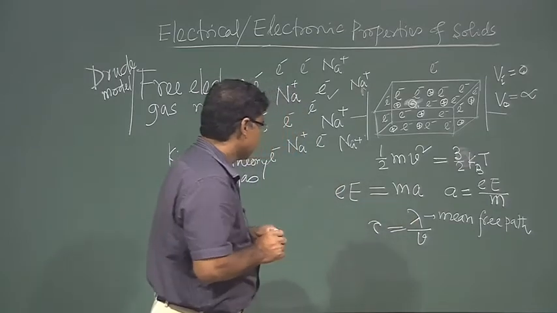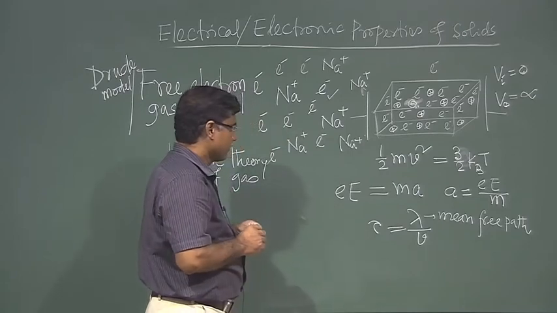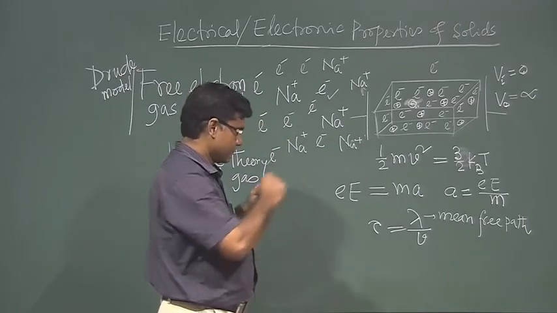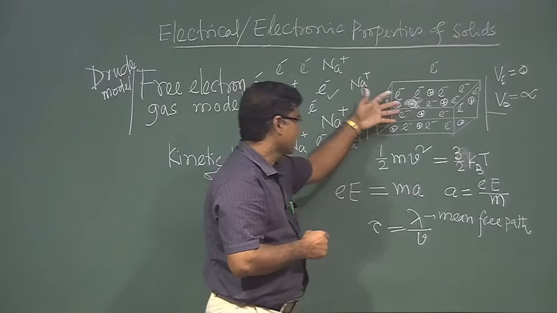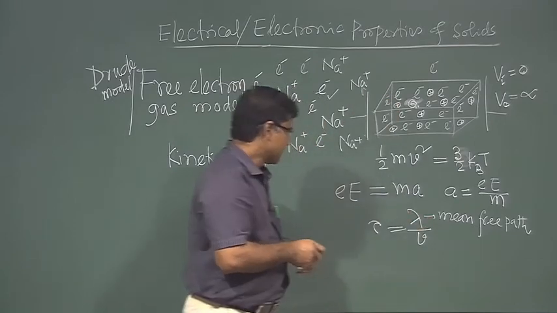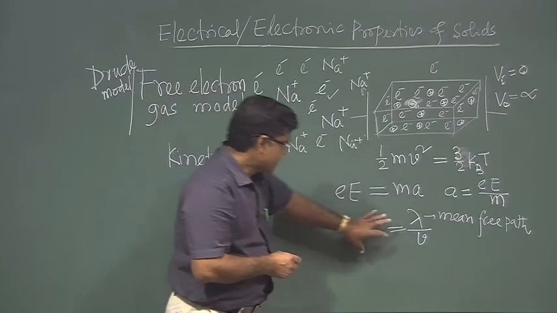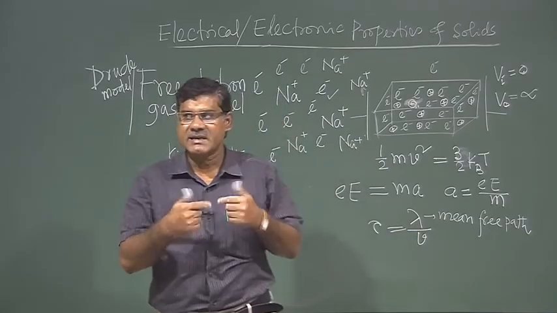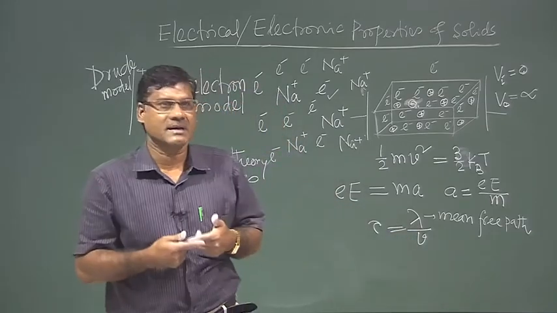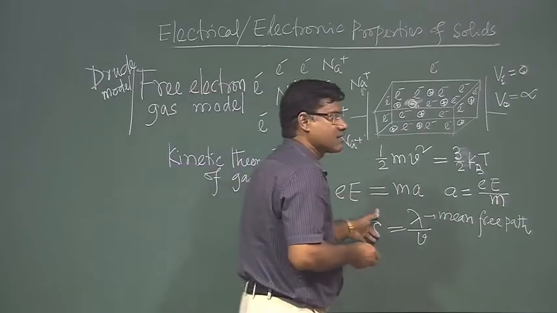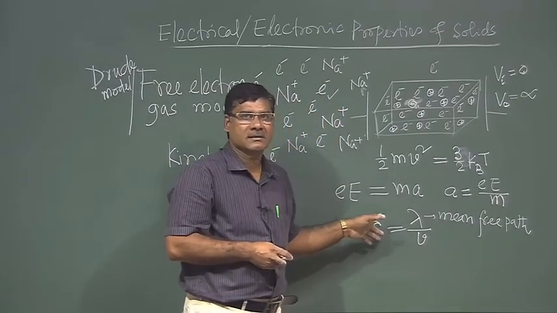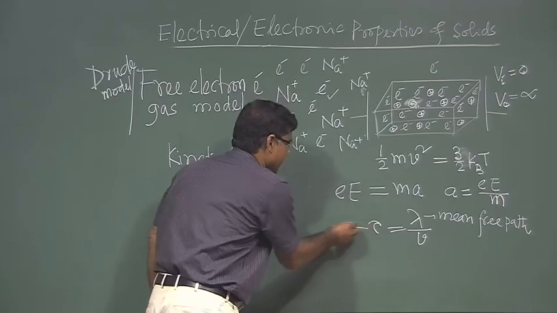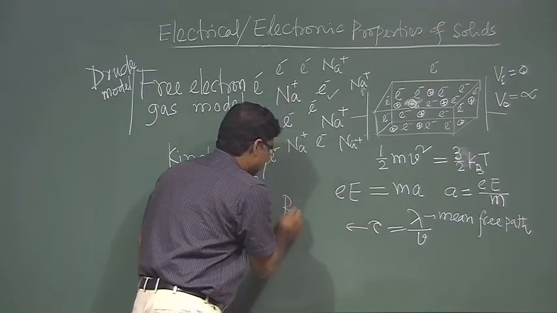It is not the same for all collisions and all electrons, so one has to take the average. This is the time during which it does not collide. So, this tau is called the relaxation time.